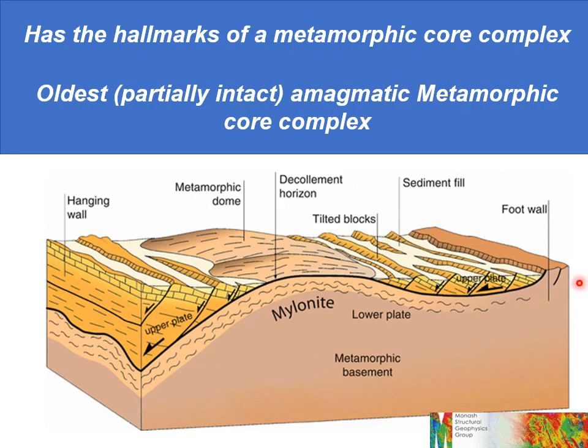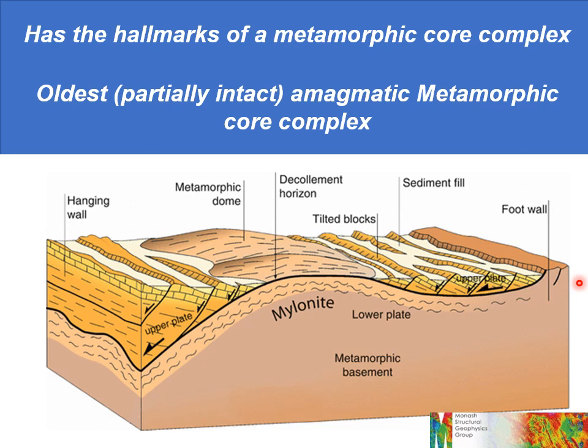So I'm going to cut to the interpretation first so that you can see it, and the interpretation is really basically quite simple. We think that the tectonic regime of the Mount Woods Inlier has all the hallmarks of a metamorphic core complex.